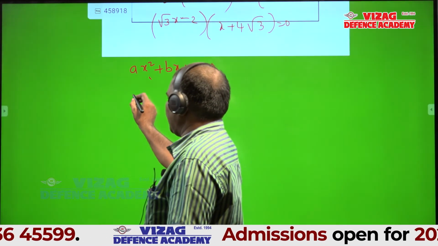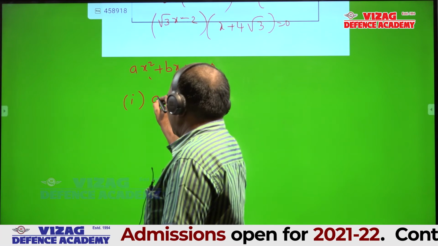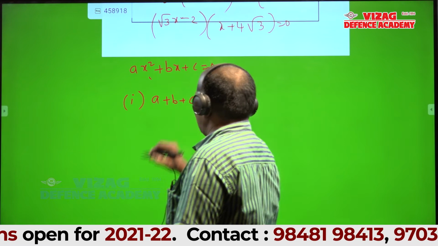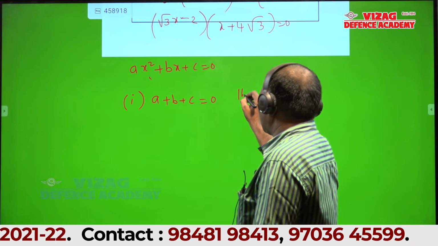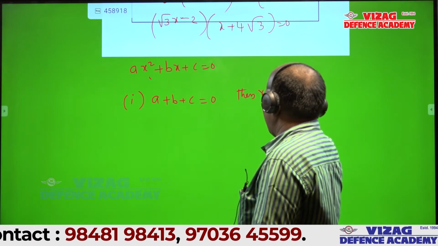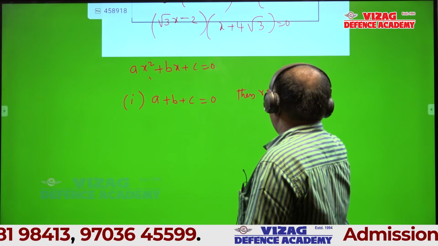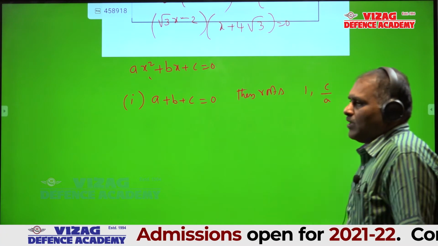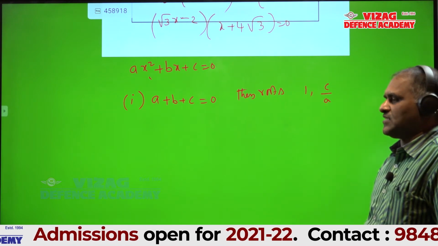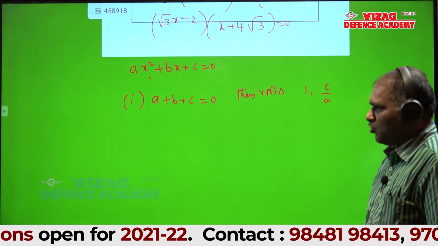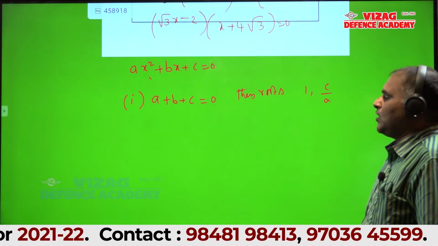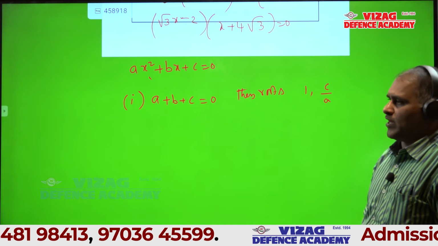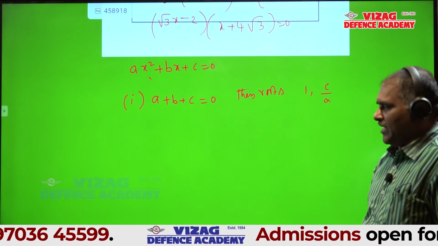First point: when a plus b plus c is equal to 0, then the roots are 1 comma c by a.